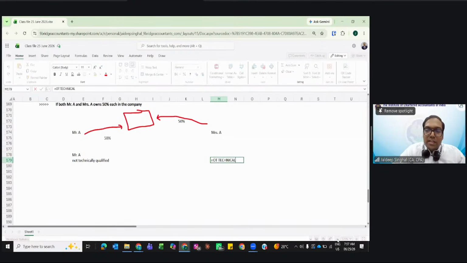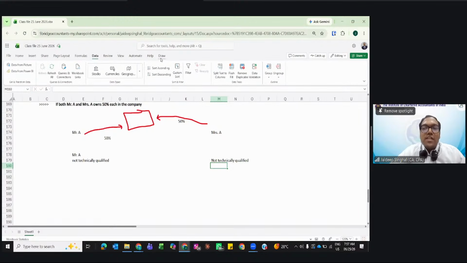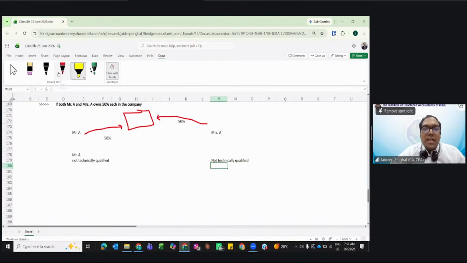Both are not technically qualified. Now the question arises, in whose income should we club? Should we club in the hands of the husband or in the hands of the wife?